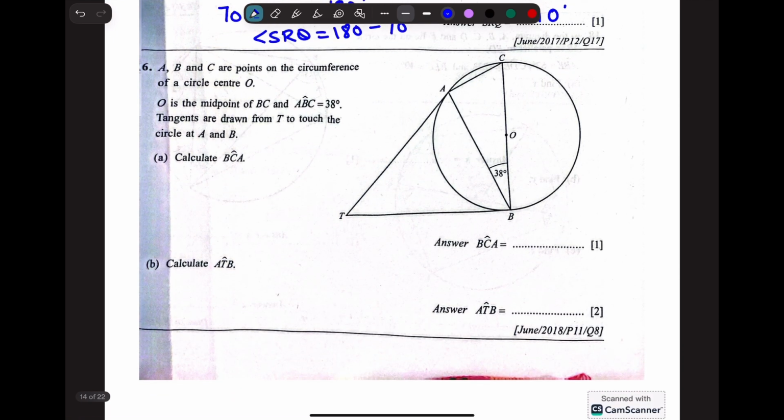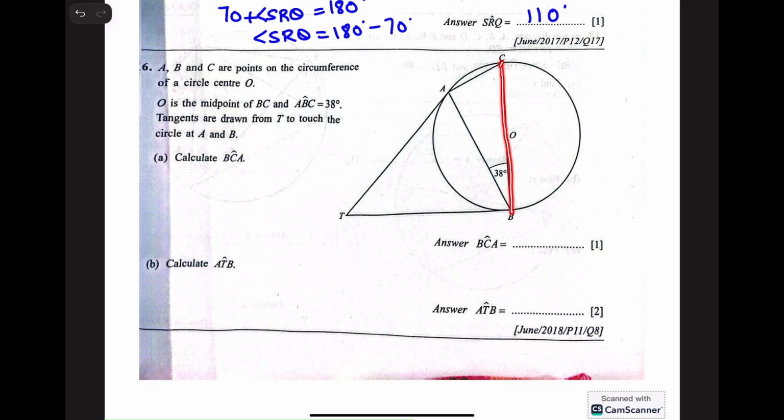Okay, A, B, C are points on the circumference of a circle with center O. Since this is the radius, this will be 90 degrees, right? So let's mark that out right now. So this is going to be 90. O is the midpoint of BC.